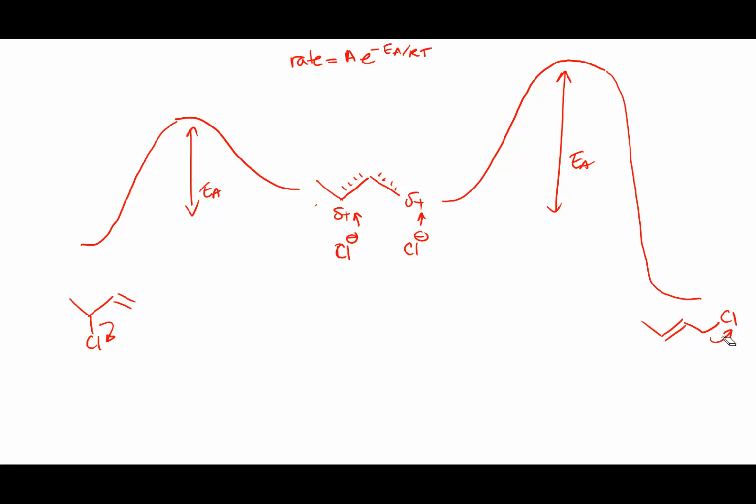Now if I look at the reversible reaction, I've got two more sets of activation energies. Right? Because now going in the reverse, I've got this activation energy, and over here, I've got that activation energy.